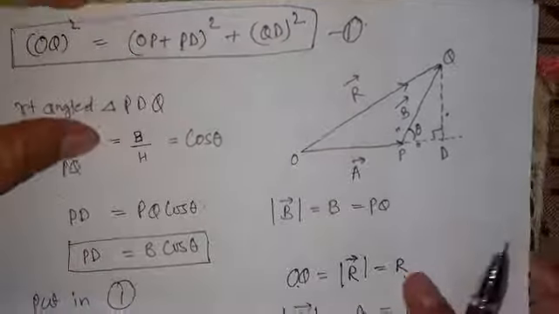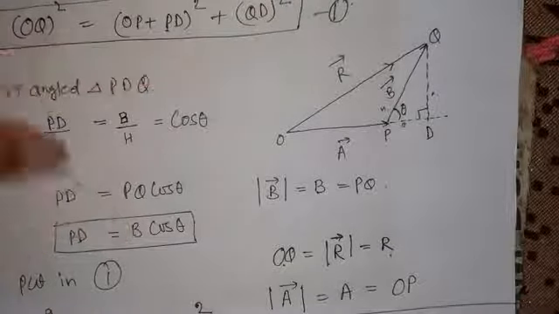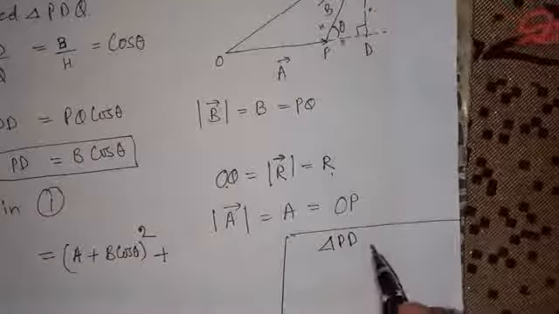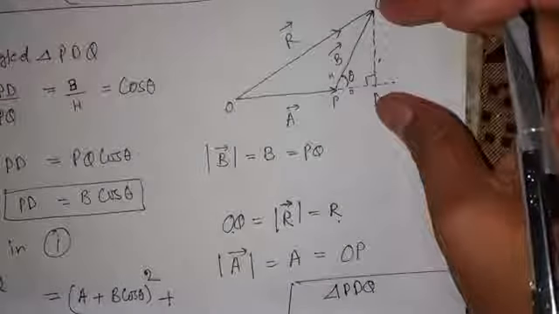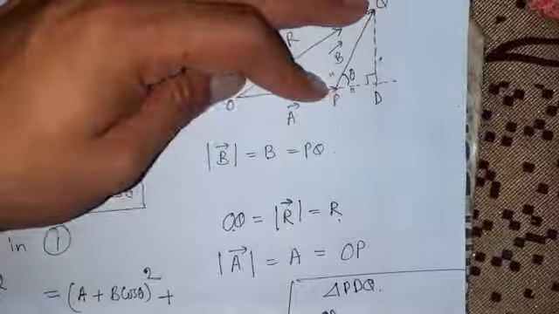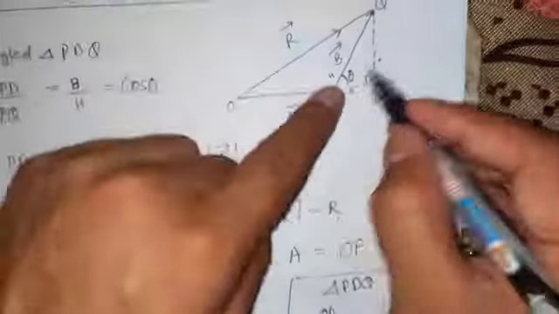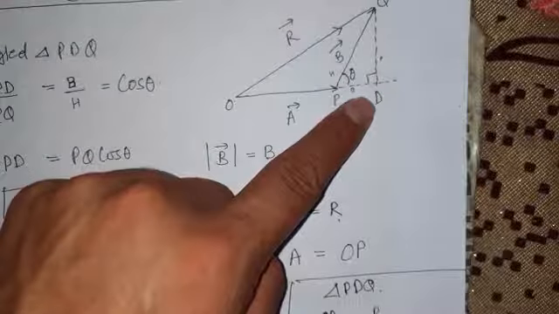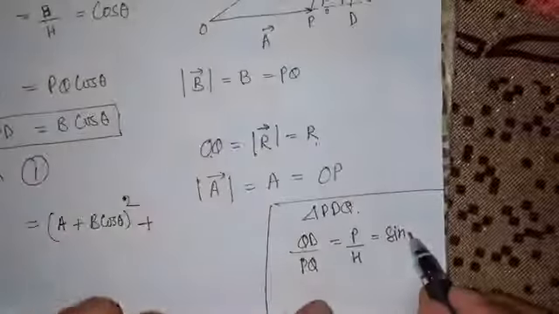So what will be the value of QD? Therefore, in this triangle, again the same right angled triangle PDQ, we want to find QD, and given to us is PQ. The perpendicular upon the hypotenuse is the sine of the angle, sin theta.